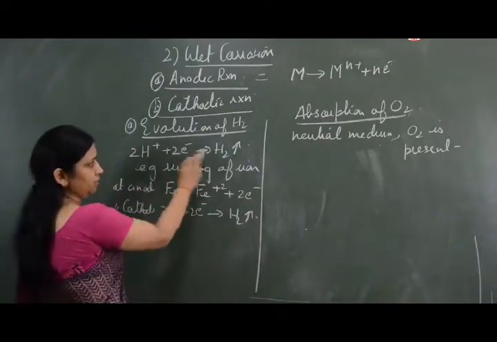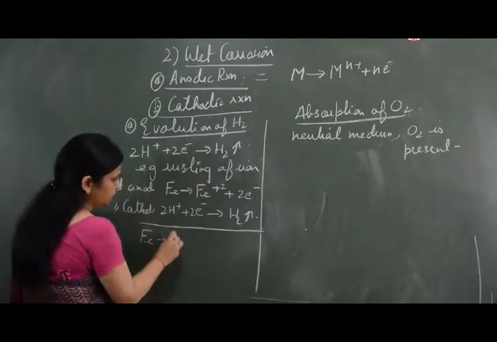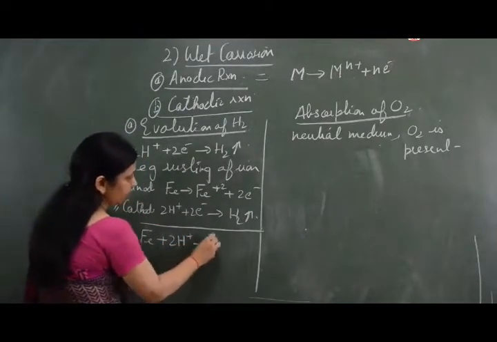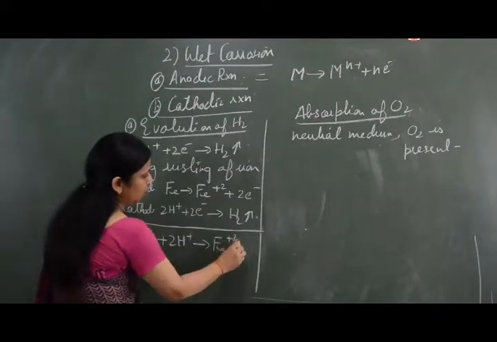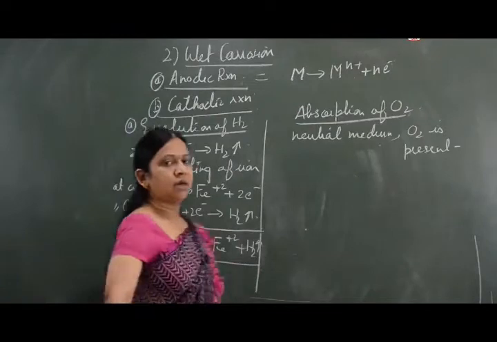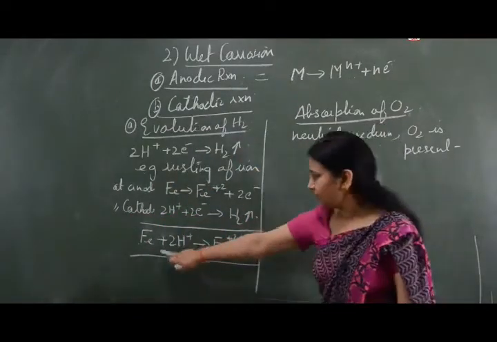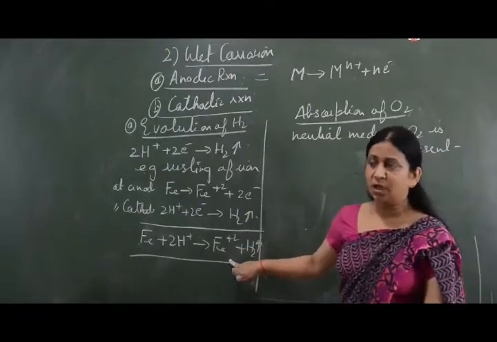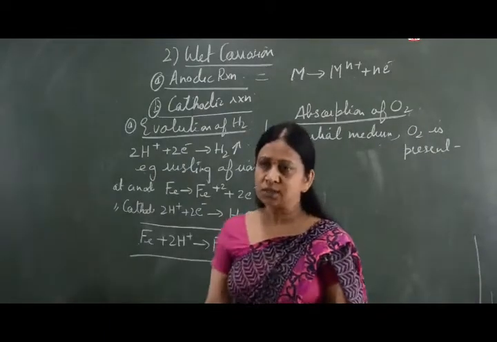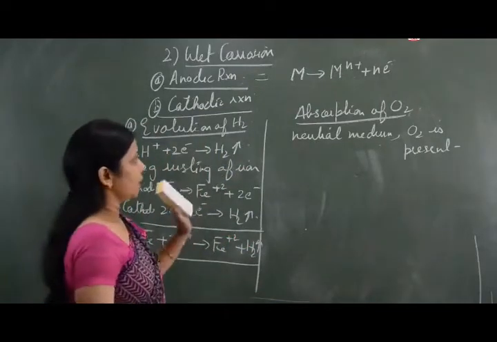So the overall reaction is Fe plus 2H+ ions giving Fe2+ plus hydrogen gas released. So this is rusting of iron in acidic medium. Iron is undergoing oxidation, and the process of oxidation is corrosion. So this is evolution of hydrogen.